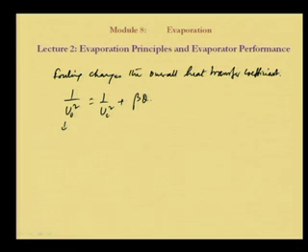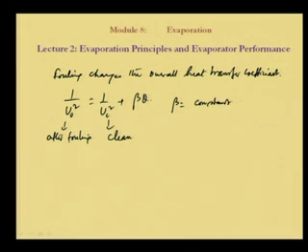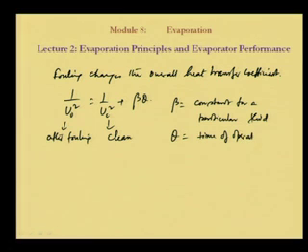Here U naught is after fouling, U c is clean, beta is a constant for a particular fluid, and theta is the time of operation.